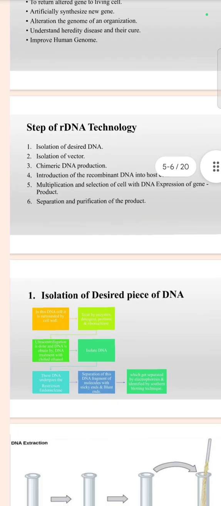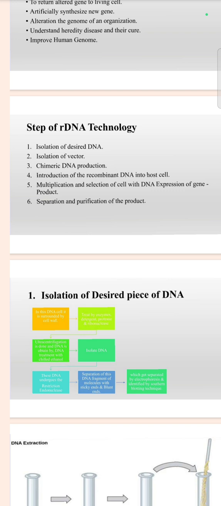Next we are going to learn the steps of rDNA technology. In these techniques, a particular desired gene is isolated from one organism and introduced into another organism using a suitable vector. The inserted desired genes are replicated independently and transferred to progeny as a result of cell divisions.